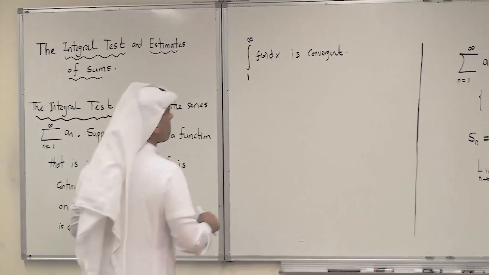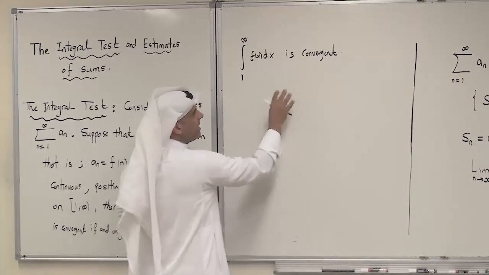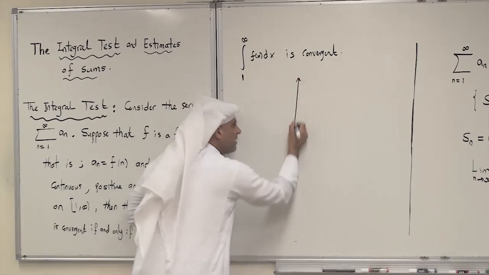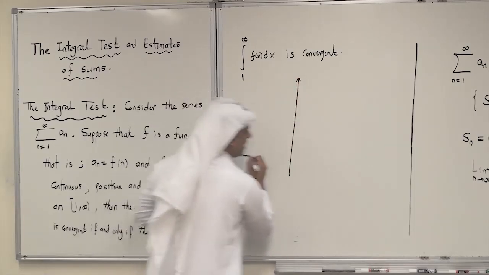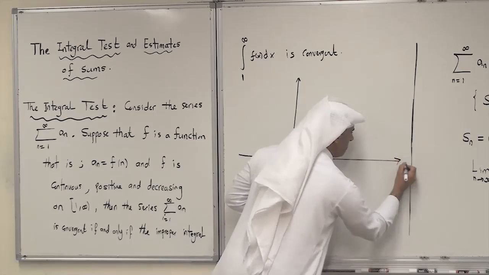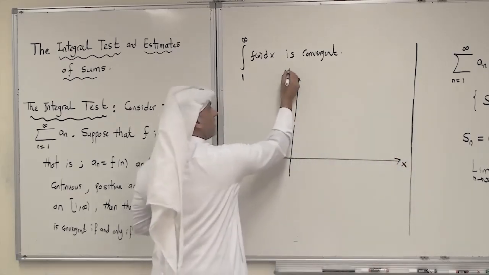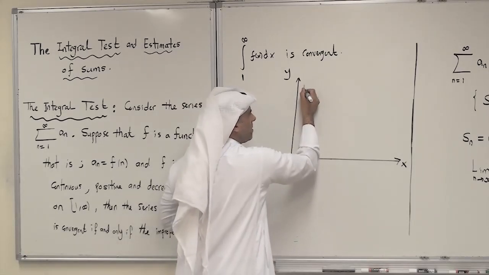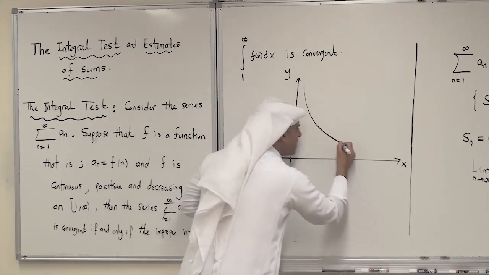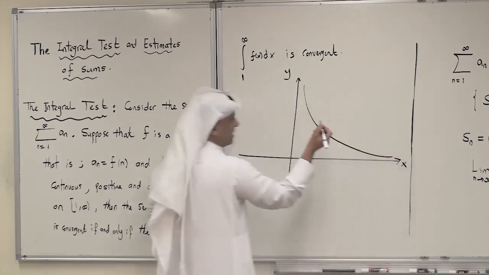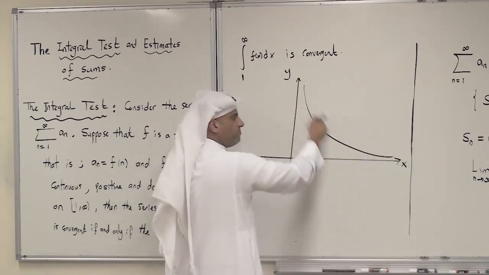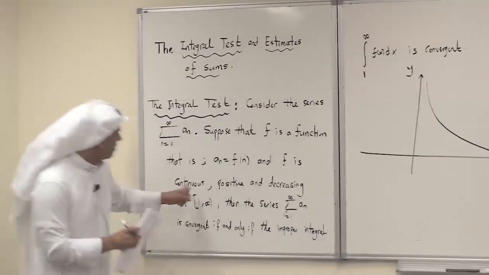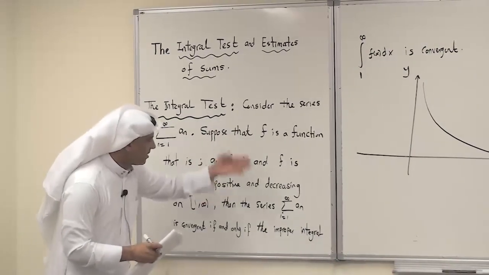Let us take a geometrical sketch of this test to get an idea about what it means exactly. Assume we have a function as mentioned in the test, with the three nice properties: continuous, positive, so we are above the x-axis, and decreasing.